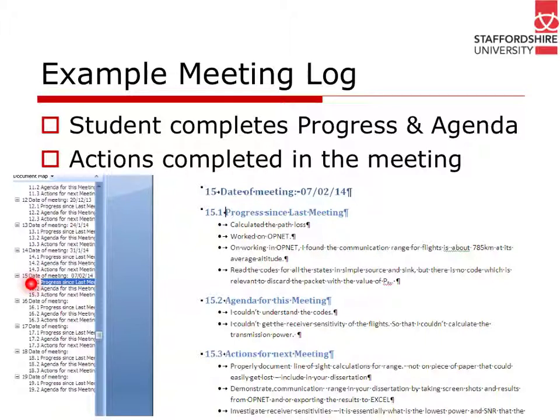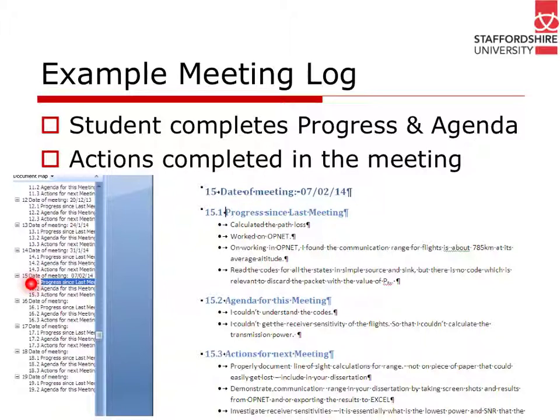Is it correct? Is it not correct? And then he's said, I couldn't understand this, I couldn't understand that. So then in the agenda, I could give a talk about what happens here. That sets the scene for the meeting.